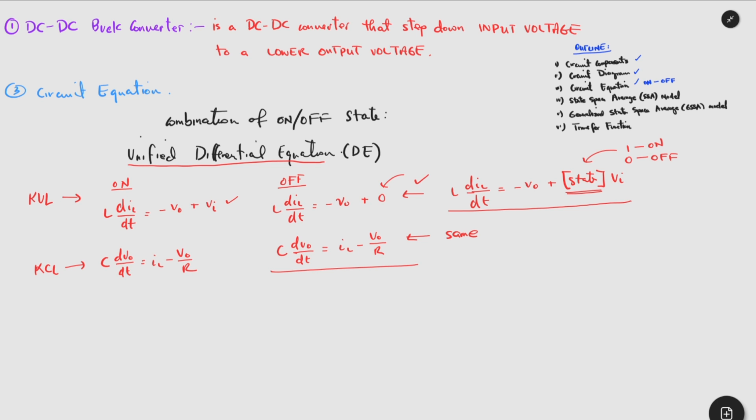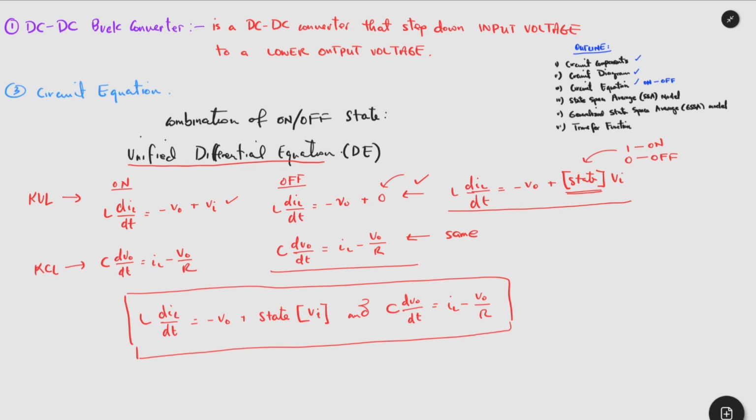So our combined equation is L dIL on dt equals minus V naught plus the state times the Vi, and the second equation is C dV naught on dt equals IL minus V naught on R. With these two equations, we are now going to produce a unified differential equation by making dIL on dt and dV naught on dt the subject of the formula.